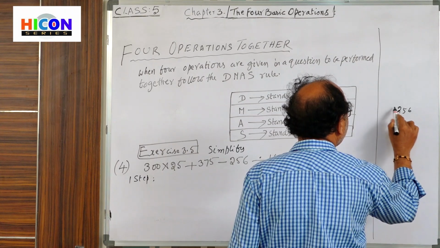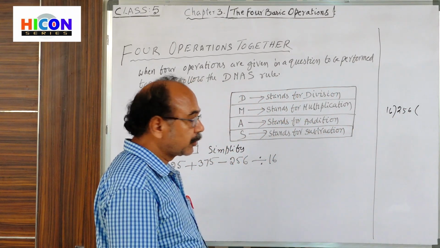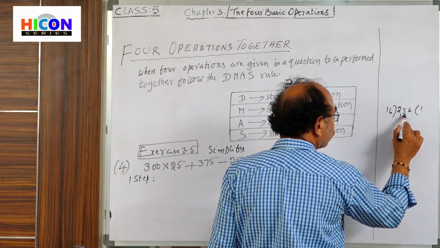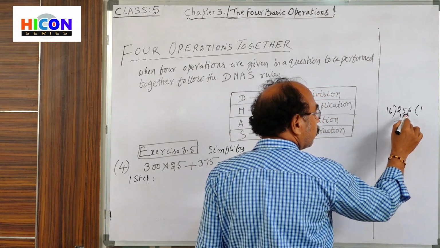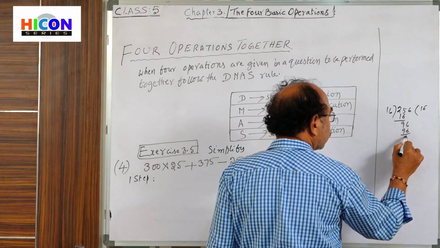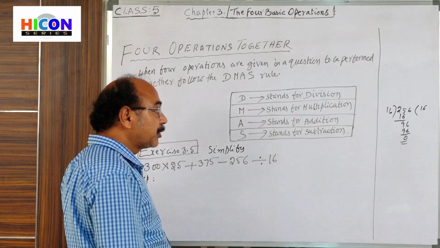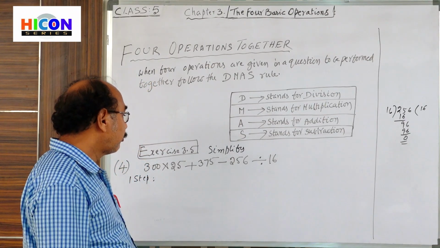256 divided by 60. How many times here? 16 ones are 16. Now, bring down 6. 16 6s are 96. So, 16 divides 256, 16 times. 16 16s are 256.